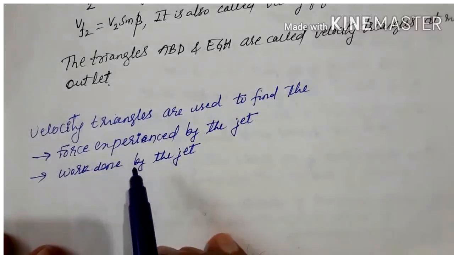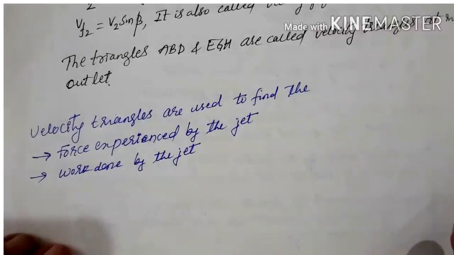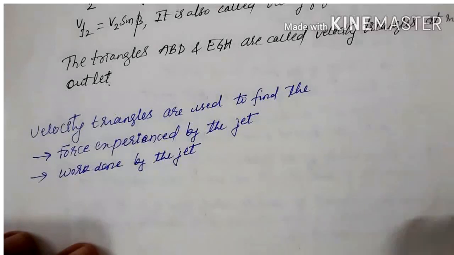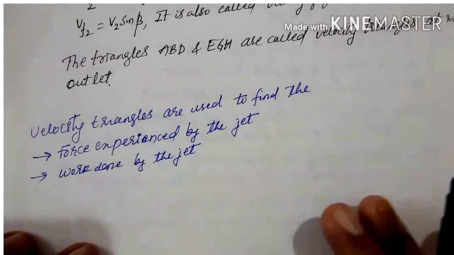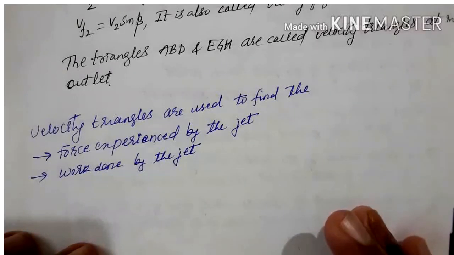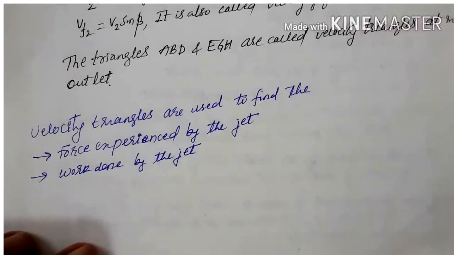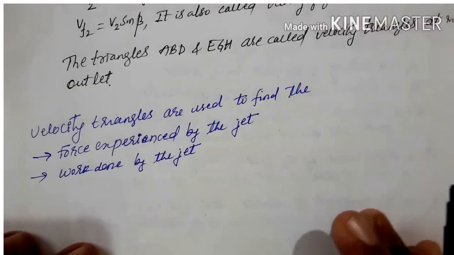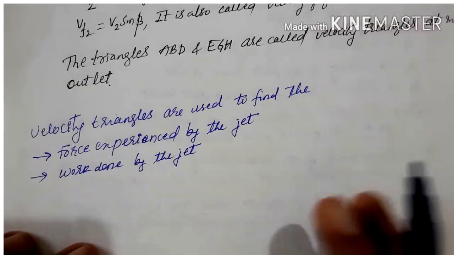So the construction of the velocity triangle is very, very important here. Typically it consists of the absolute velocity, vane velocity and relative velocity. Once we construct with these three components, next will be the resolution. You have to resolve the absolute velocity at inlet as well as at outlet, and you will get the components.